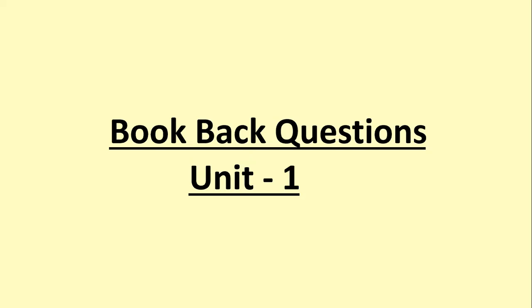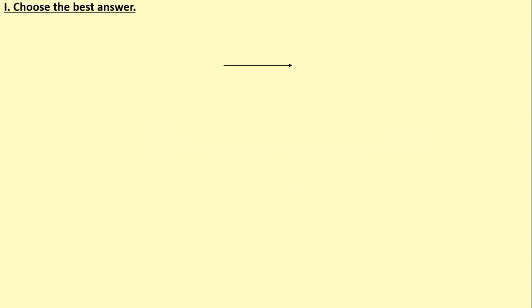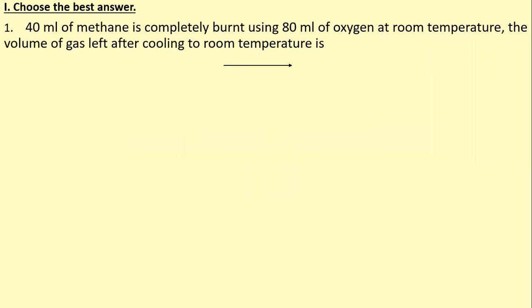Okay. See, first comes choose the best answer. The first question: 40 ml of methane is completely burnt using 80 ml of oxygen at room temperature. The volume of gas left after cooling to room temperature is the question.